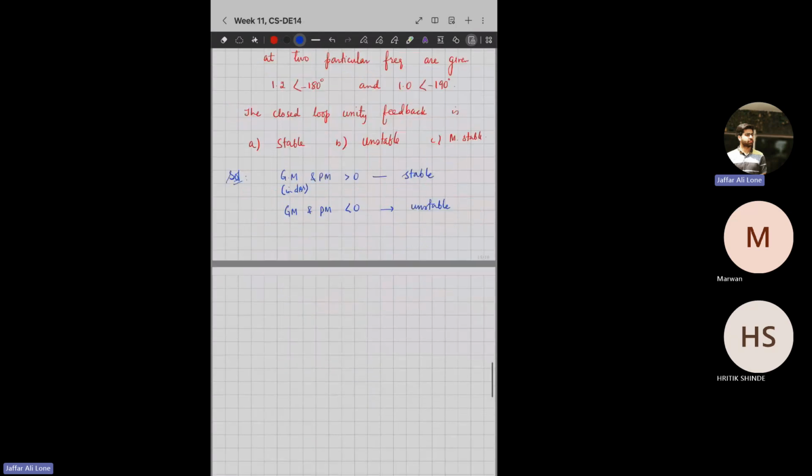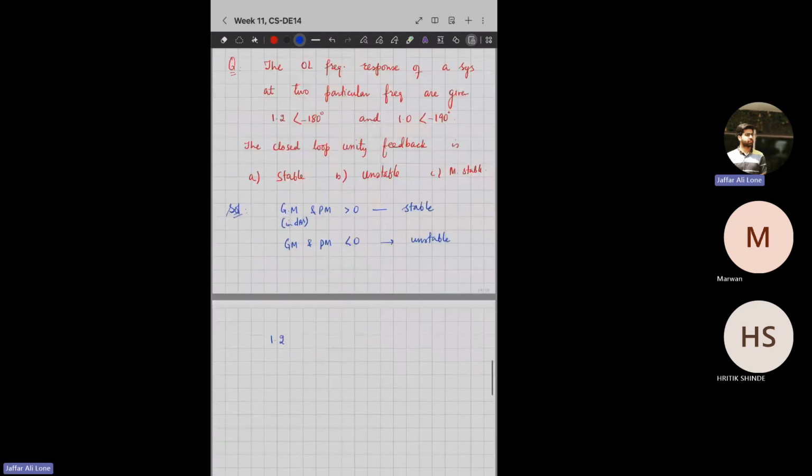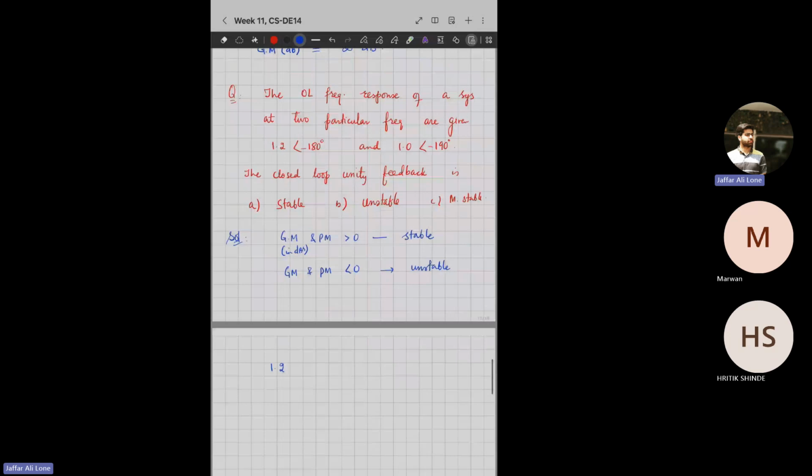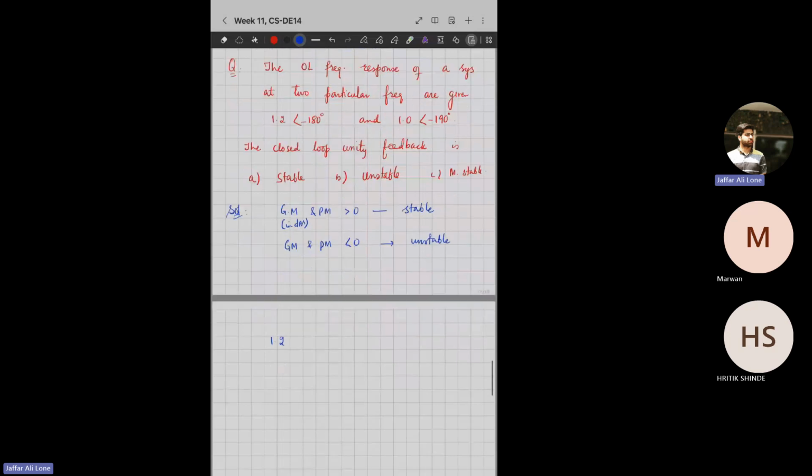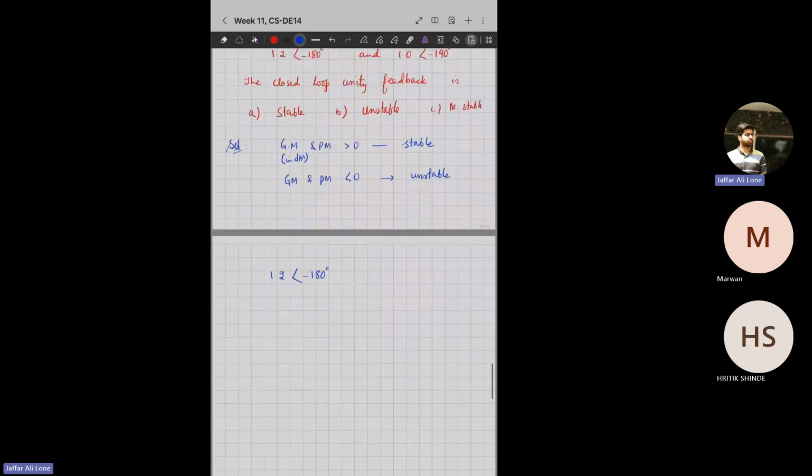So in the question it is given that the response was recorded at two frequencies, right? So one is having the magnitude of 1.2 and a phase of minus 180 degree. You know when your phase is minus 180 degree, then the frequency is called phase crossover frequency.